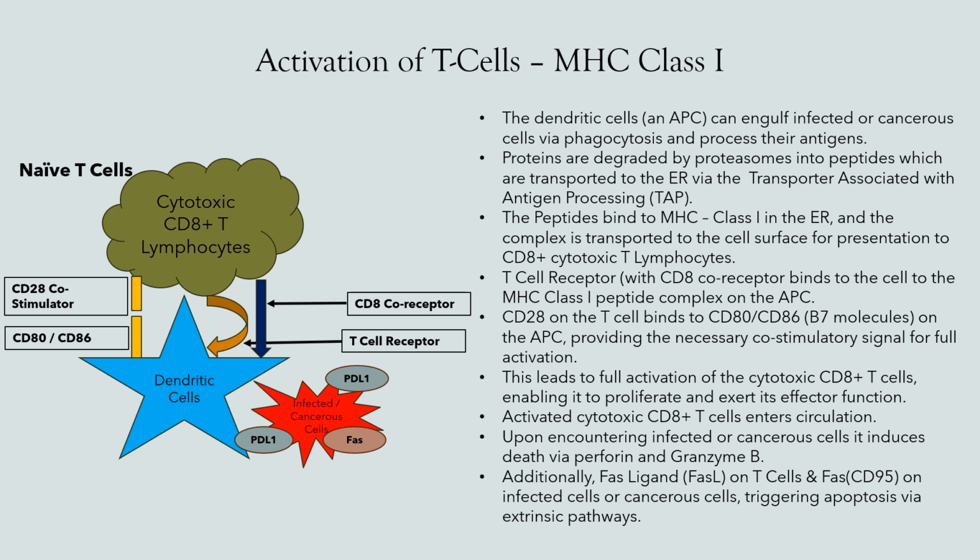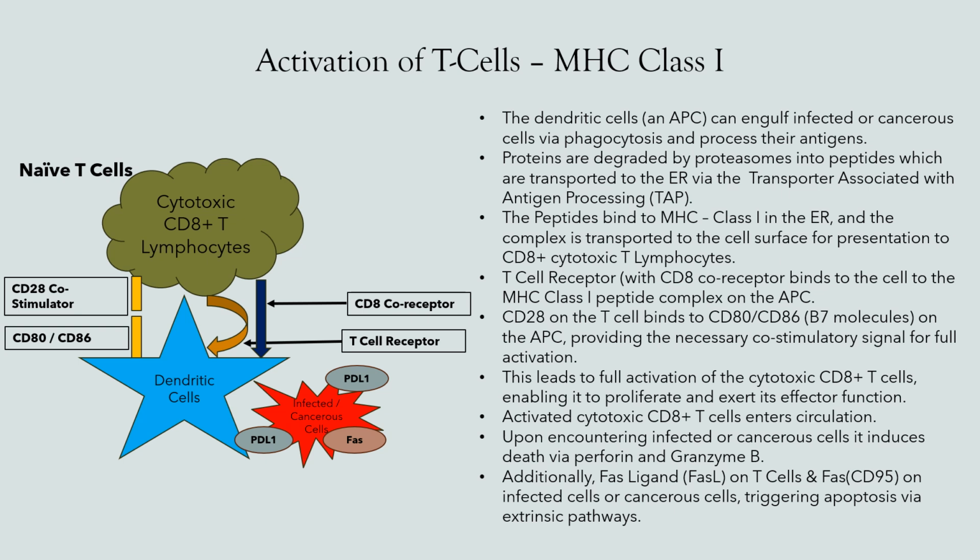These activated cytotoxic CD8 plus T cells then enter the circulation, and when they encounter the infected or cancerous cells, they induce cell death via perforin and granzyme B. It's a controlled cell death, not cells bursting and causing more problems. It's basically apoptosis.